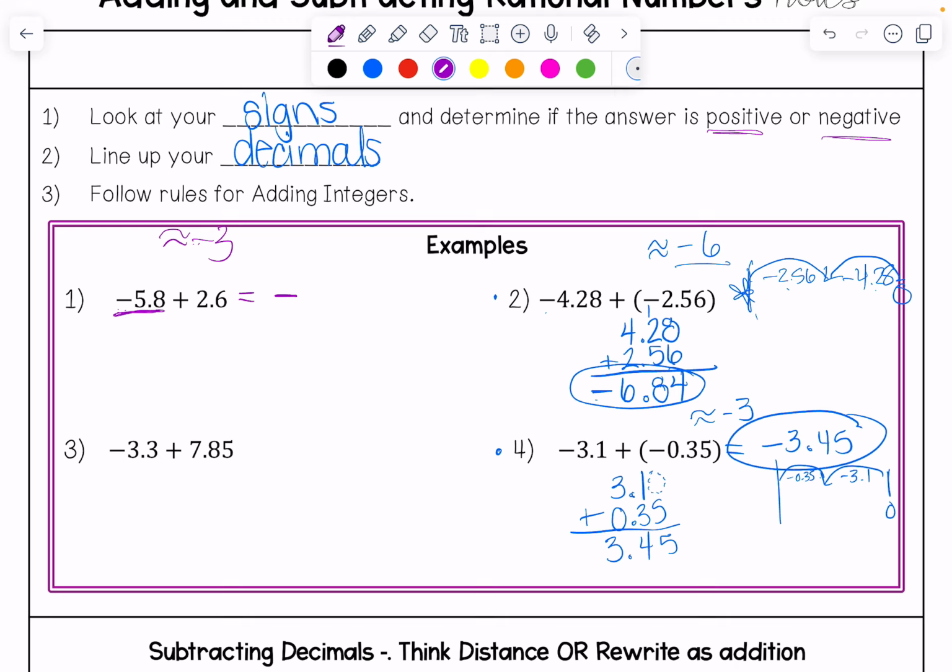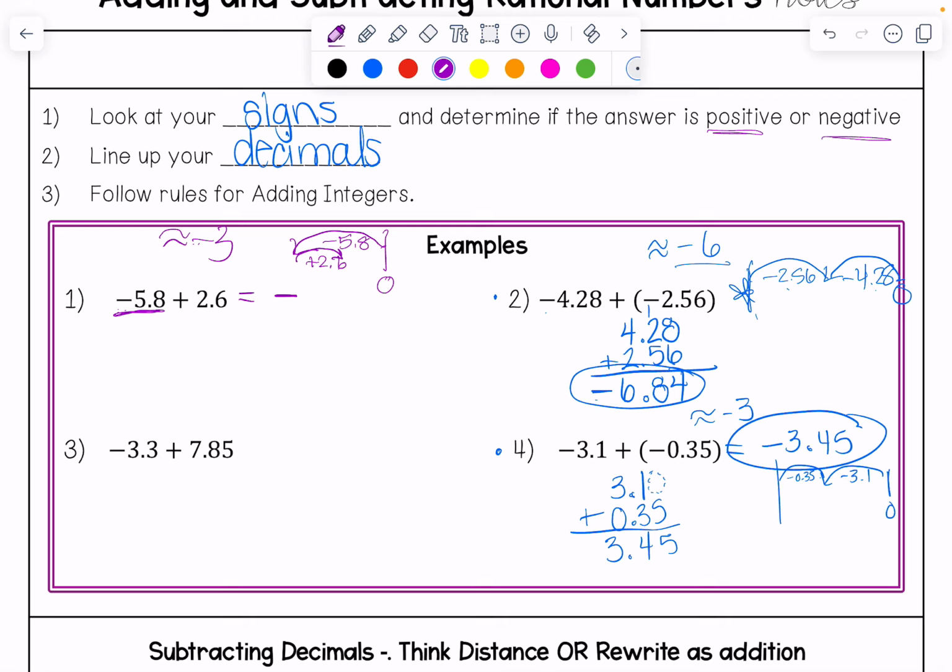Think on a number line. If we started at 0, this would be like going back 5.8. Okay, so going back that -5.8, and then forward 2.6. Okay, so that's kind of a visual of what's happening on the number line.